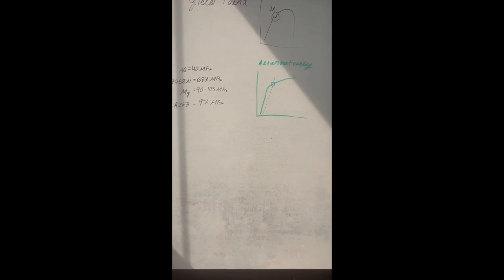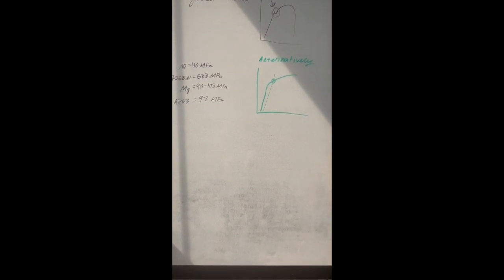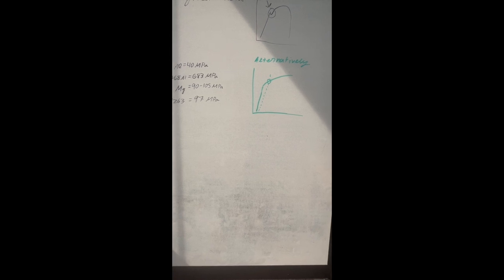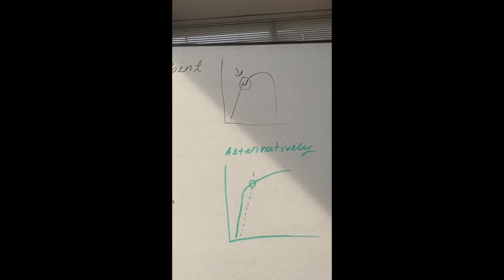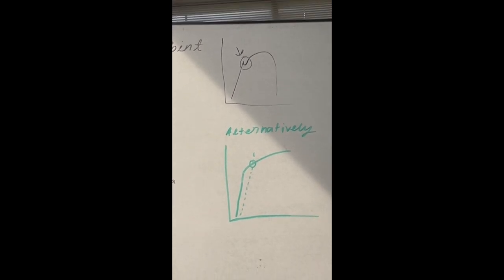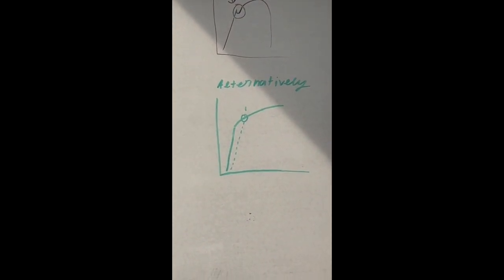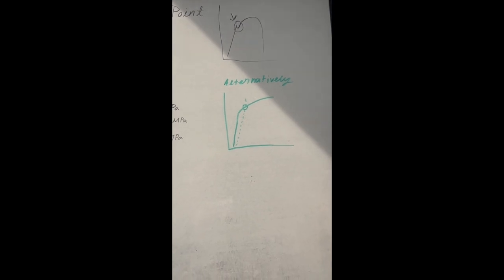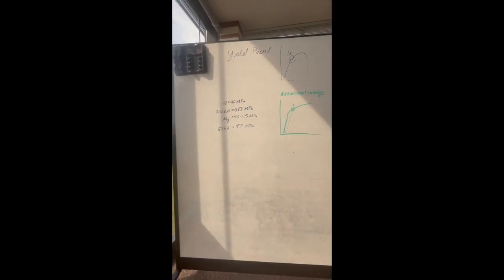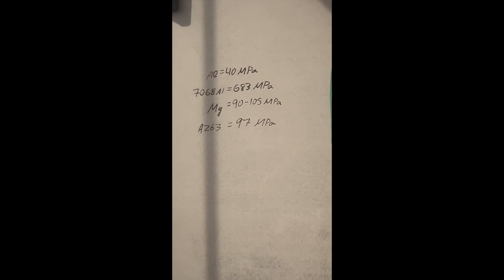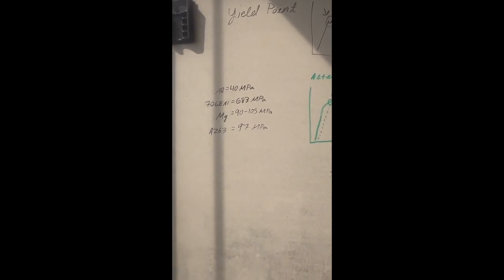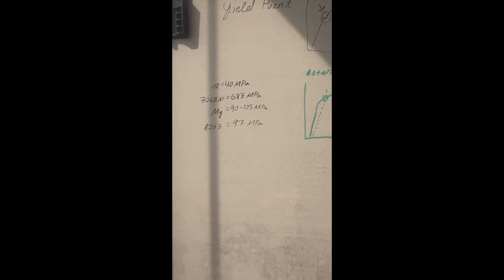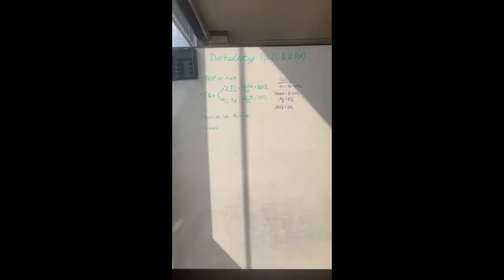Materials like aluminum and its alloys often have to have the yield strength calculated like that. So as we can see, right up here would be our usual calculation, and right there is the way we calculated the aluminum one. So just a quick little representation of the data: aluminum was 40 MPa, 768 was 683, and so on.